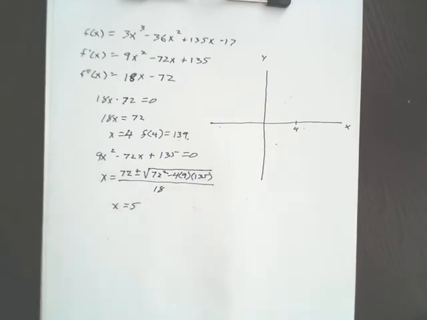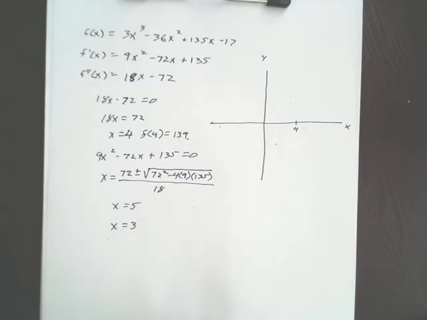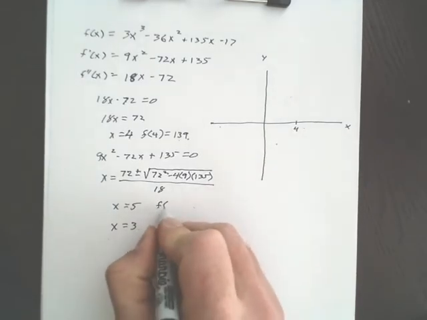So x equals 5 and x equals 72 minus the square root of 72 squared minus 4 times 9 times 135 equals 54 divided by 18 equals 3. So x equals 3.